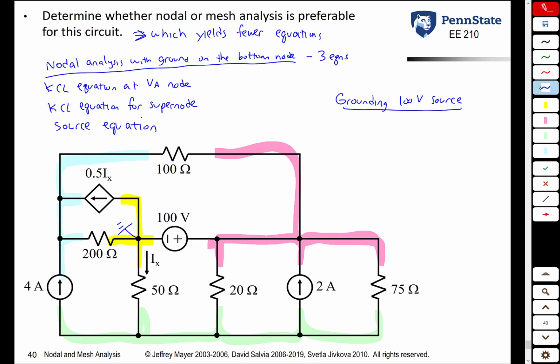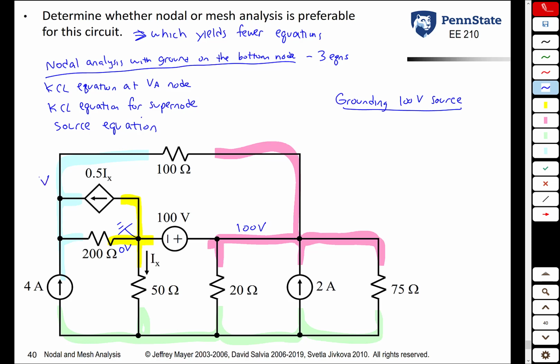Now let's look at every node. We know the voltage at the yellow node is 0. The pink node, because this 100-volt source is now grounded, guess what? We know the voltage at this node. It is 100 volts. Do we know the voltage at the blue node? Nope. Let's give it a variable.